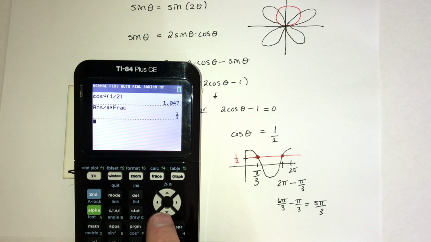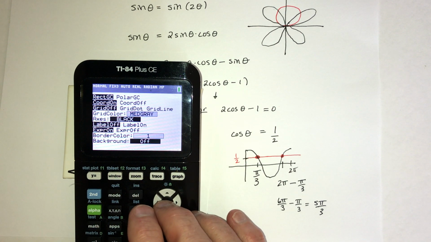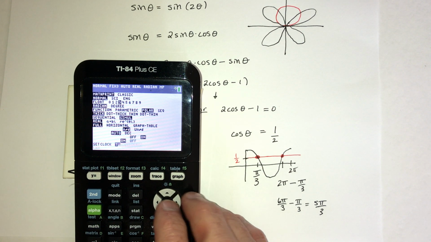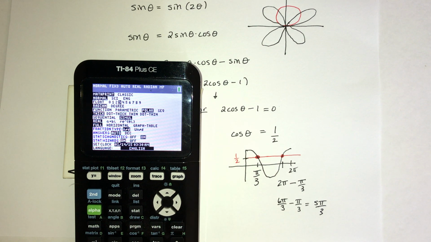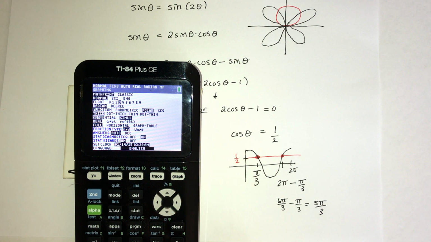So for them to intersect, they have to get to the same place at the same time. Okay, there it is. Under mode, if you change this, perhaps you already did, to simultaneous, it'll graph the two graphs at the same time.